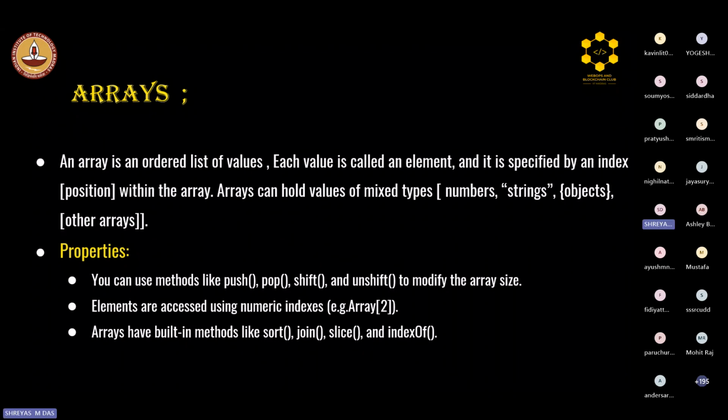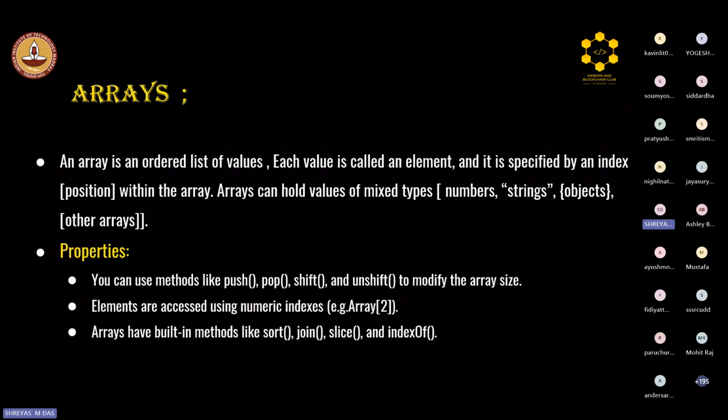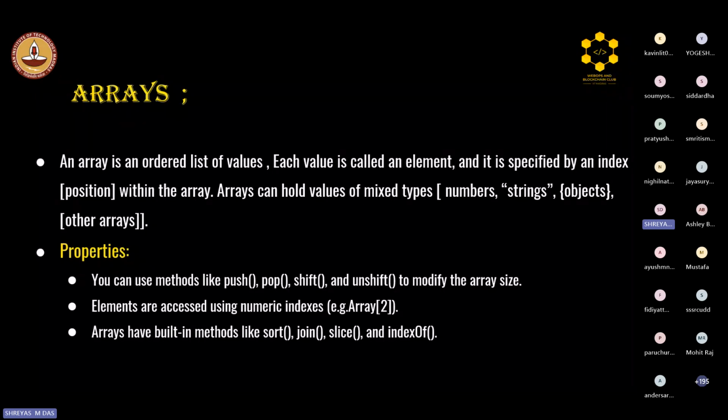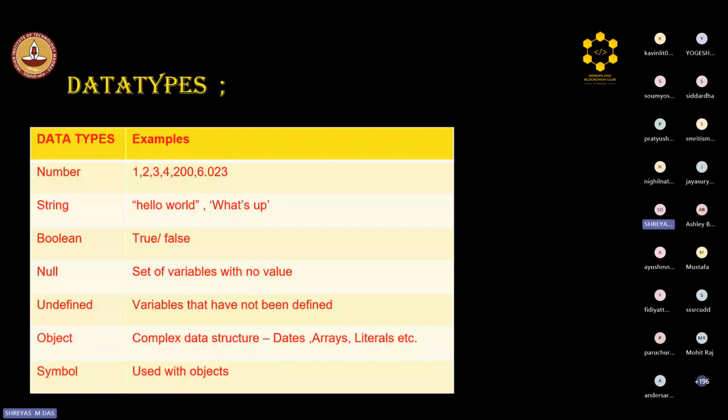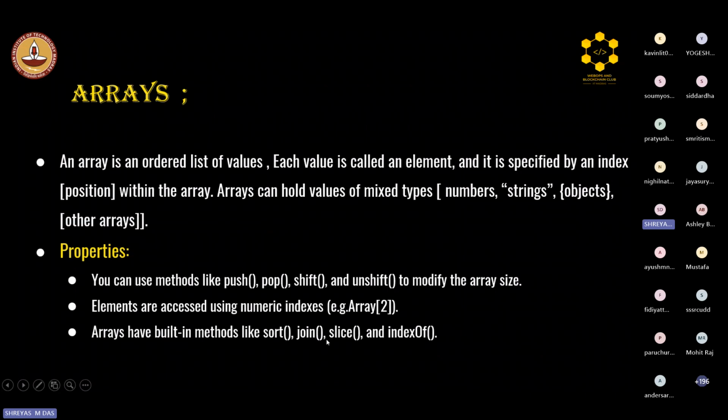So here you can see that we can list different values. Similarly, in the objects there is an array, and in that array we can store all the different numbers, strings, and other objects.